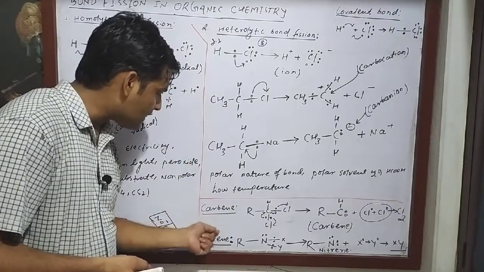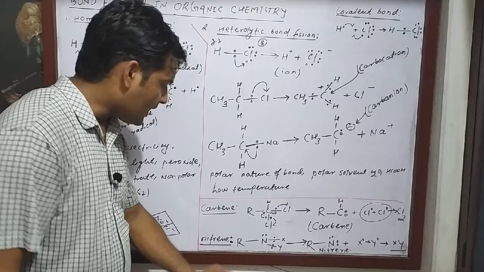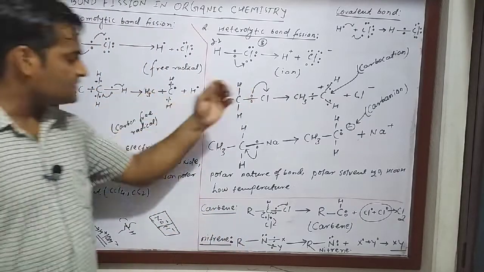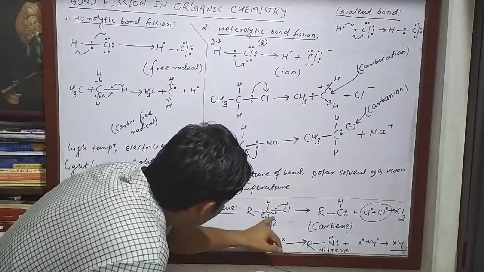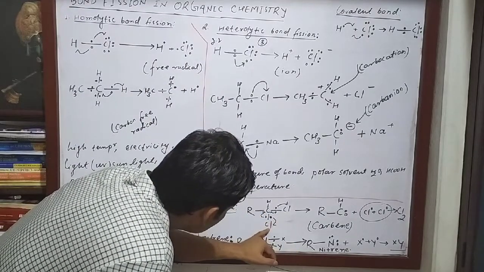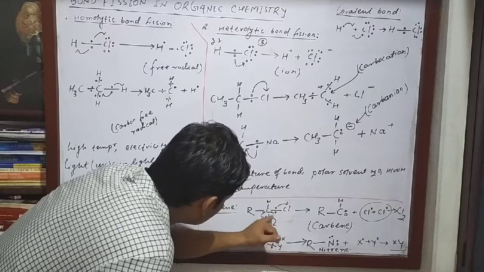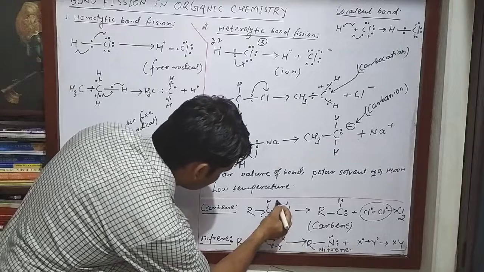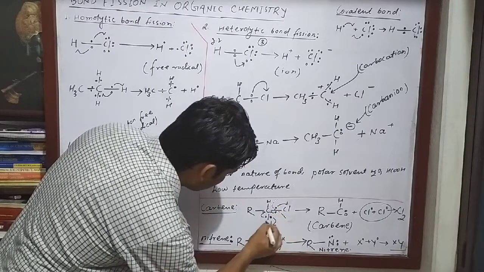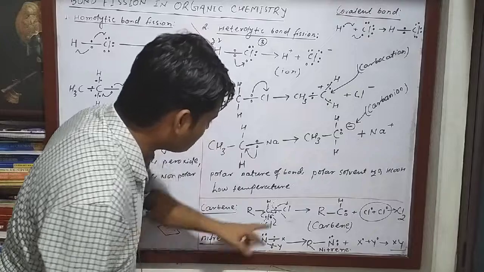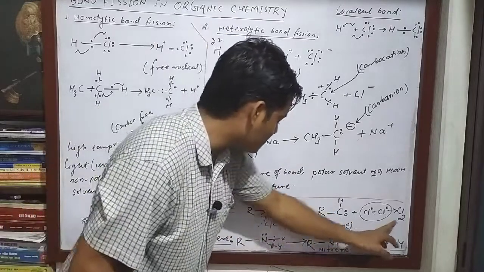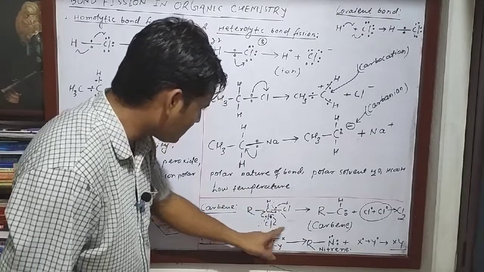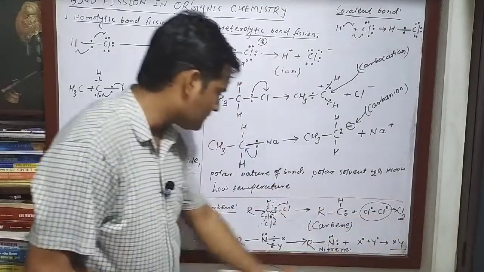Carbene and nitrene are also reaction intermediates. Suppose here, if this carbon contains 2 chlorines and simultaneously both bonds dissociate by homolytic bond fission, then 2 chlorine atoms dissociate to give chlorine free radicals, and 2 chlorine free radicals combine to give a chlorine molecule.